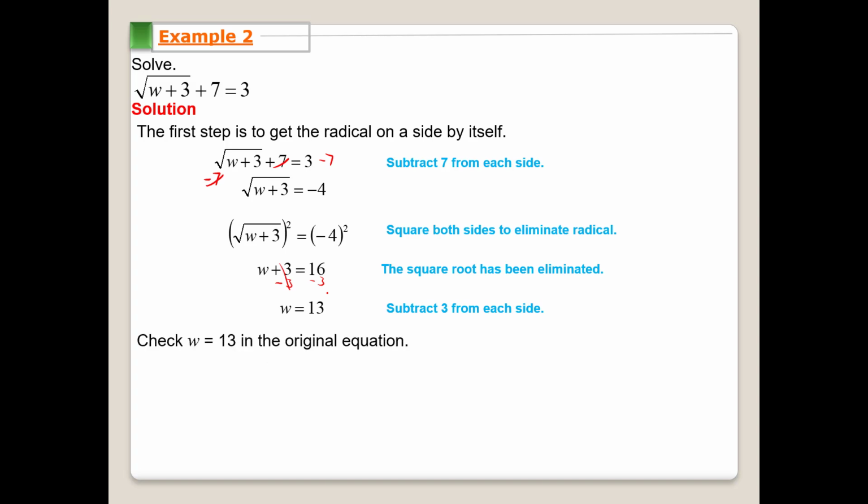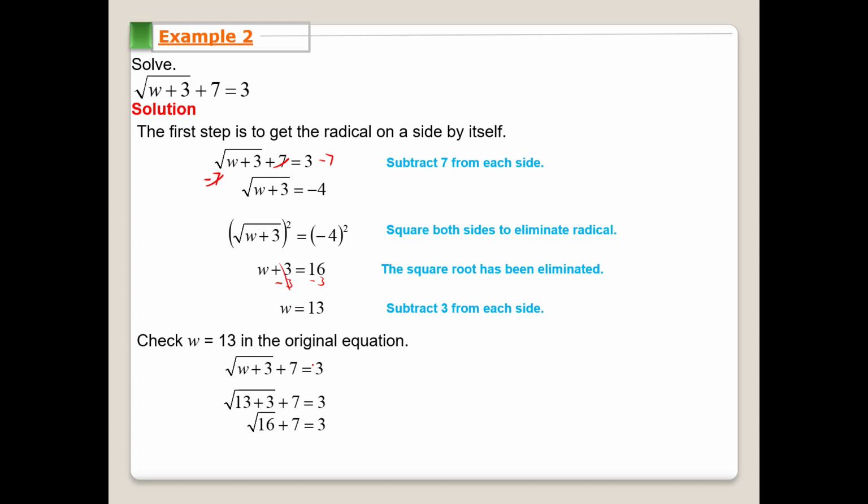What's our original equation? We got square root of w plus 3 plus 7 equals 3. So we're going to put 13 in the place of w. So when we do that, we should get square root of 16 plus 7 equals 3. Okay, so now what's the square root of 16?